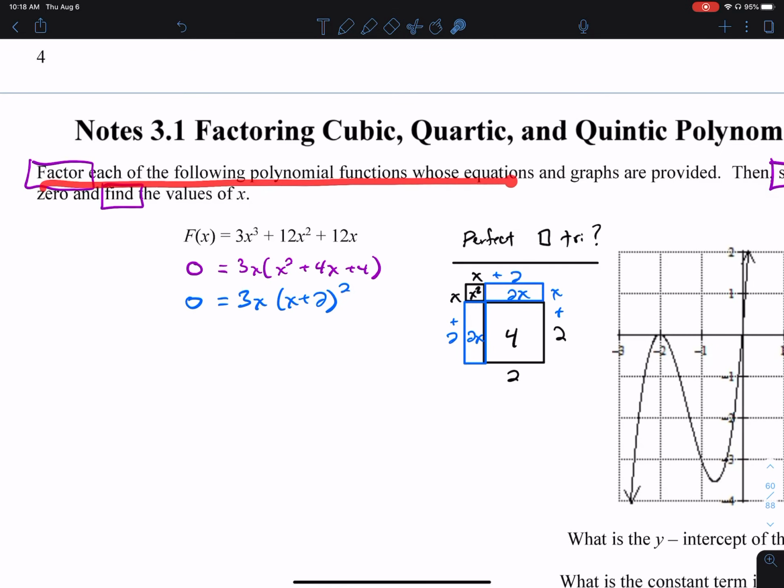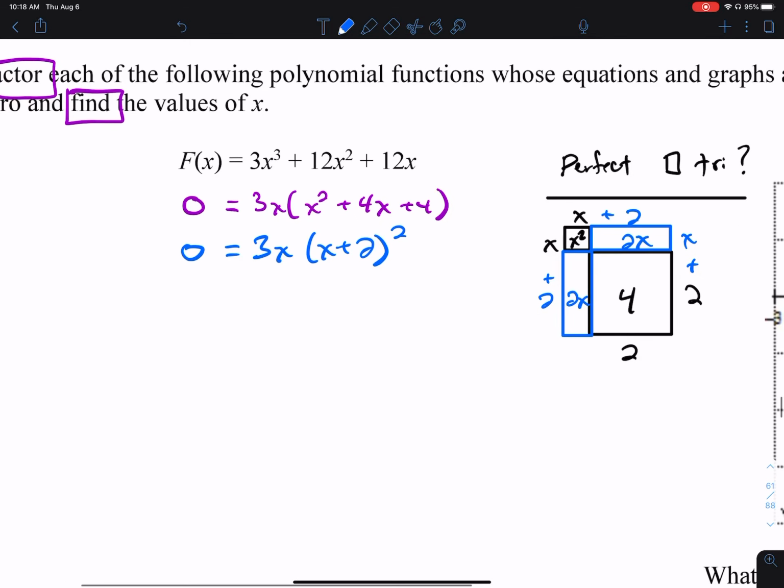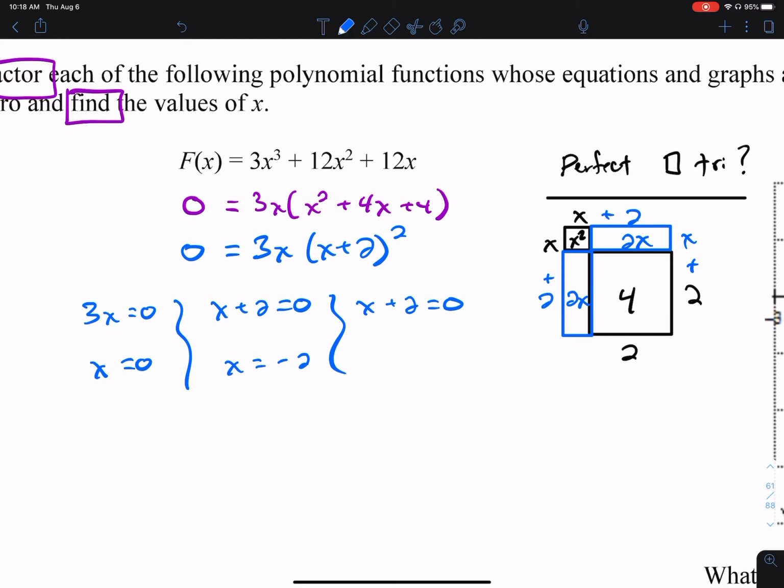Factor each of the polynomials. Then set each factor equal to 0. So 3x equals 0, x plus 2 equals 0, x plus 2 equals 0. If you solve each of these, you get x is 0, x is negative 2, and x is negative 2.